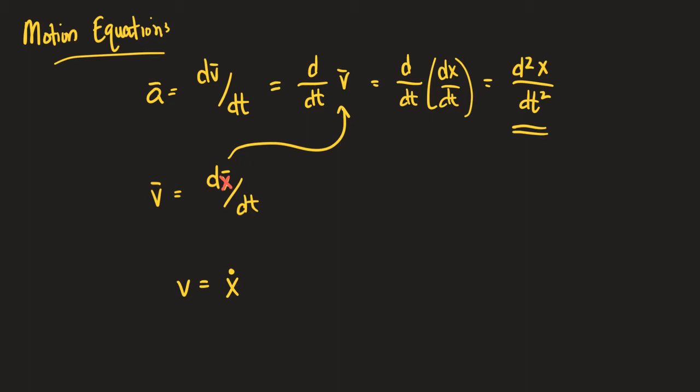Single dot means first derivative with respect to time. It's a lot easier to write that than all the fancy fractions. That, of course, means that acceleration is the first derivative of velocity, or, and this is the most common, the second derivative of position, x double dot.